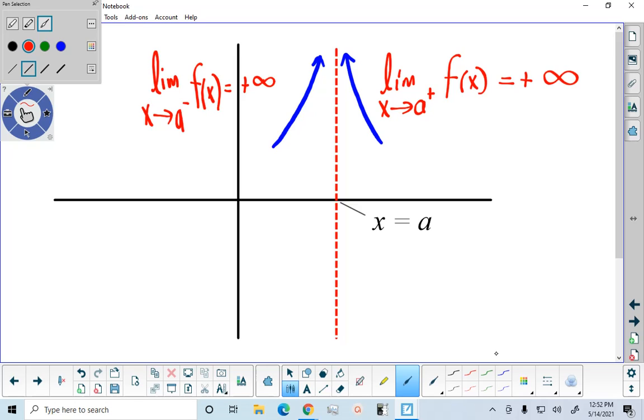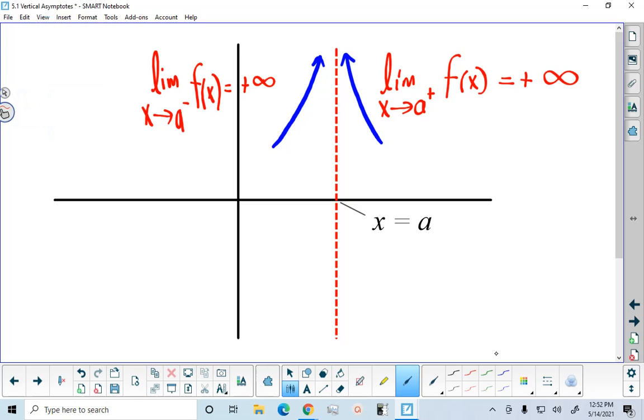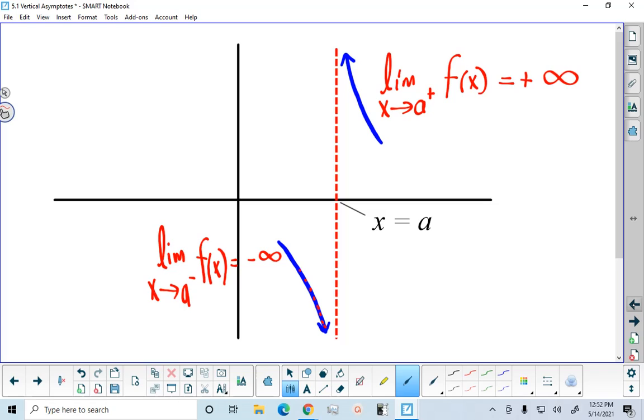Or it could be asymptotic with both of them in a downward direction. Or it could be, instead of this, that the limit on the right is negative infinity, and the left-hand limit is positive infinity. And lastly, I guess, just to point it out to you, it could be that maybe it's only asymptotic on one side. Maybe the function doesn't even exist over here, and that's a distinct possibility.